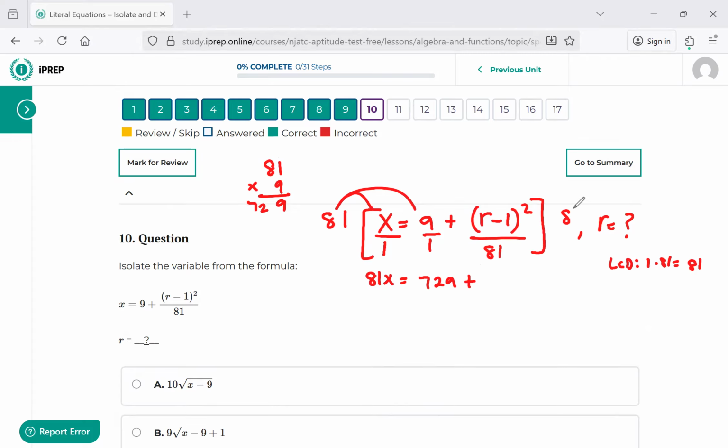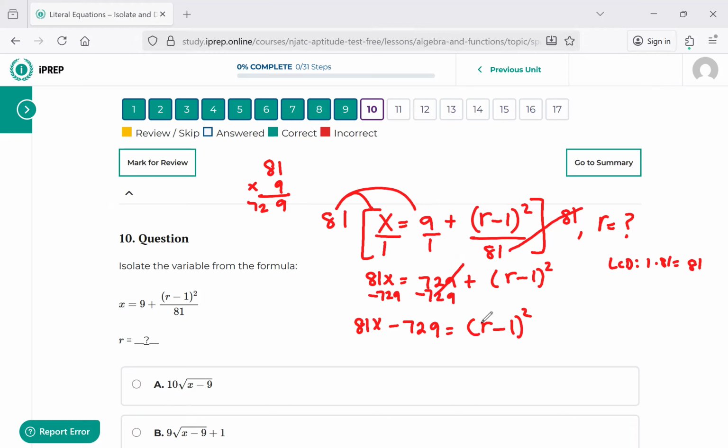And then the 81 here cancels, so you're just left with (r minus 1) squared. Our goal is to solve for r, so next I would subtract 729. So you have 81x minus 729 equals (r minus 1) squared.